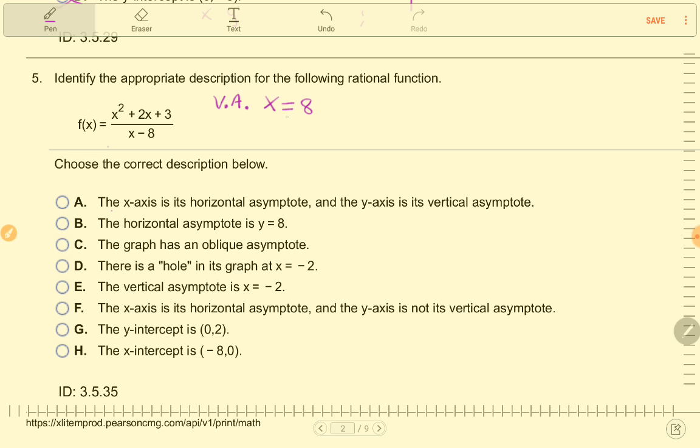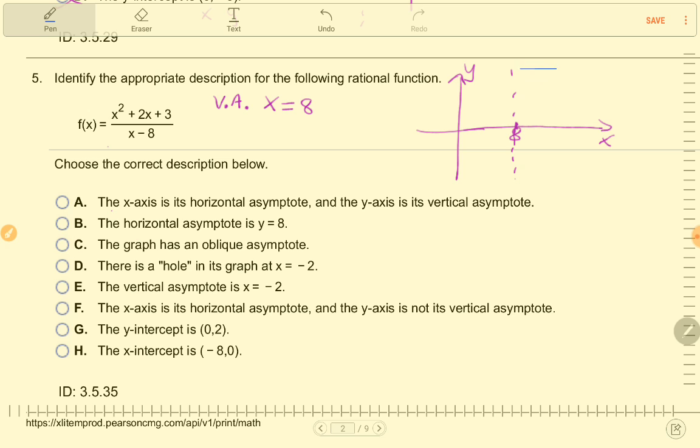So we have the vertical asymptote, which will be an imaginary vertical line through the x-axis. If here's the y-axis, and this is the x-axis, and this is 8 on the x-axis, you will have sort of an electric fence through that value so that the function can never touch or cross.